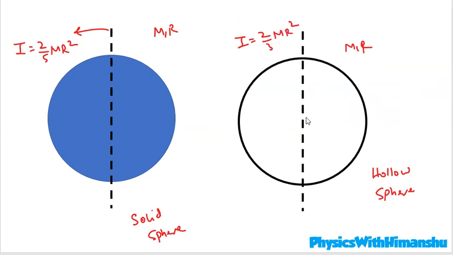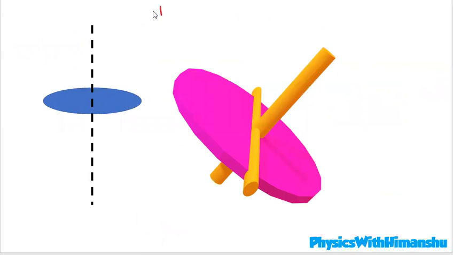Both the axes are passing through its center, so the axis can be any one. About this axis also, the same inertia will be there. The axis must pass through the center. Similarly, suppose we have a disk.